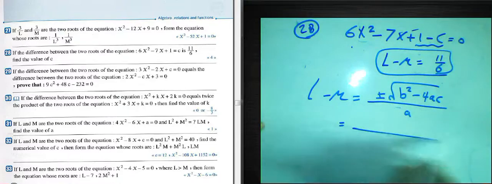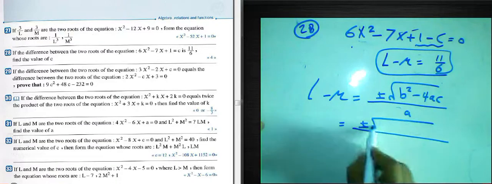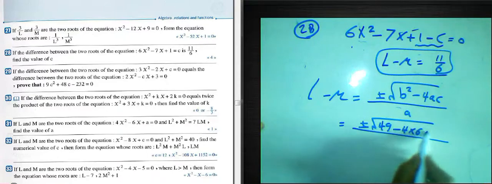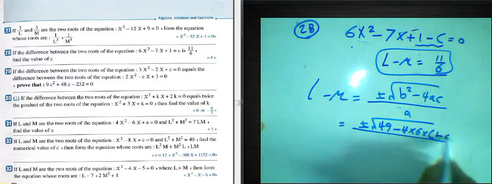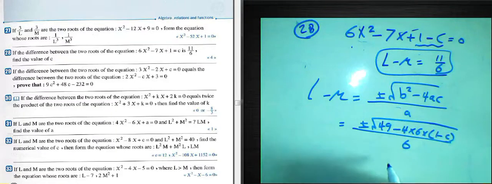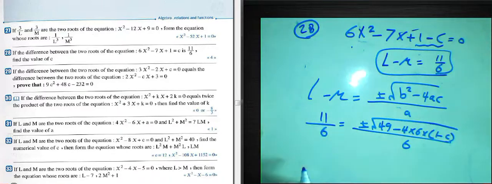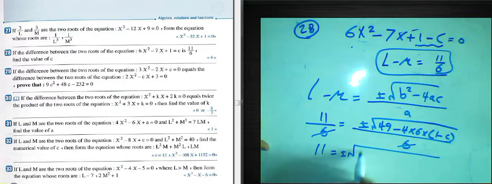So we can find L: 7 squared, subtract 4 multiply 6 multiply (1 minus c), all divided by 6, and L minus M equals 11 over 6. We can cancel 6 by 6, and 11 will be positive or negative root of 49 subtract 24 (1 minus c).